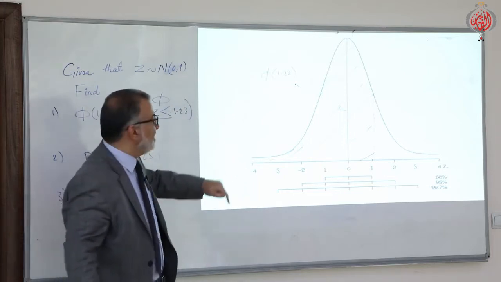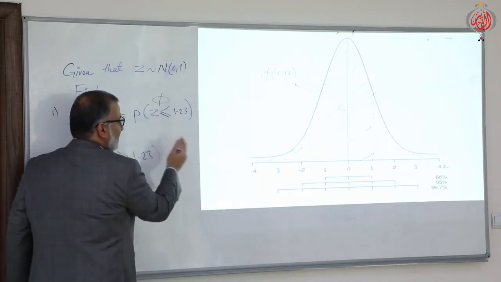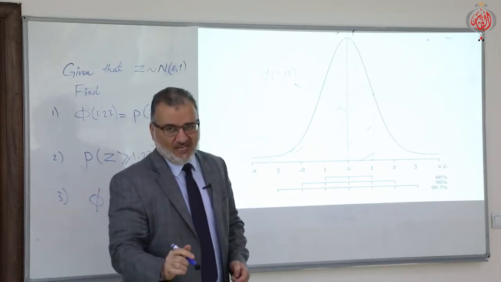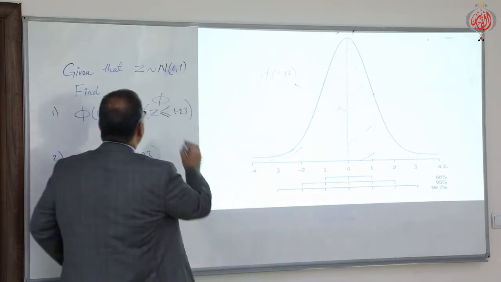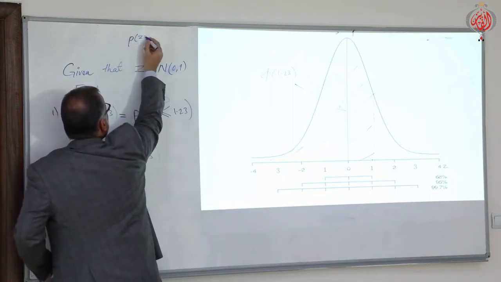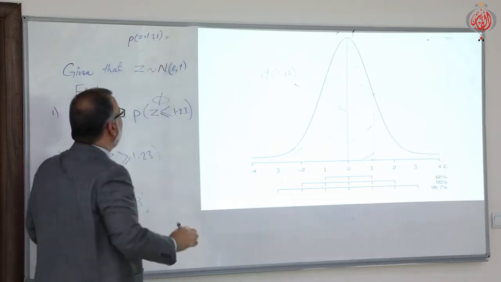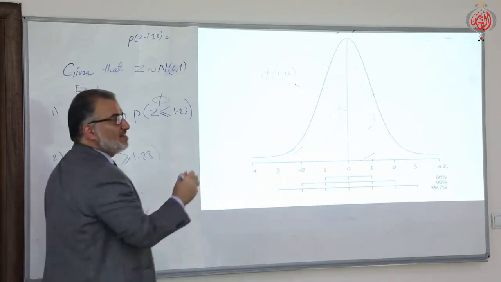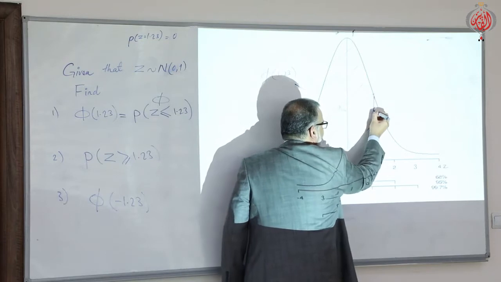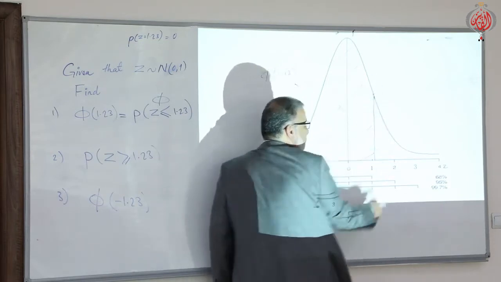And by the way, I want to tell you something: either less than or equal, because adding one value has no effect. In the normal distribution, if I said Z equals 1.23, the probability of specifically only 1.23 is 0. The area for Z equals 1.23 is the area under that line, so it is 0.